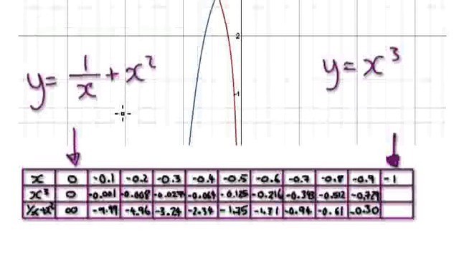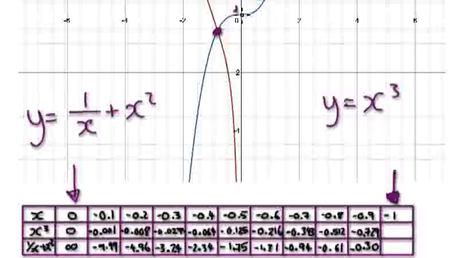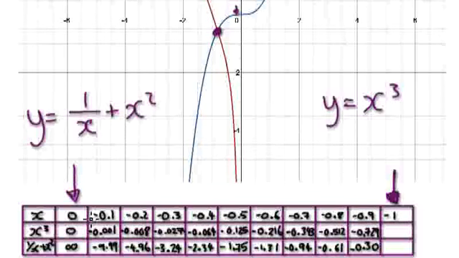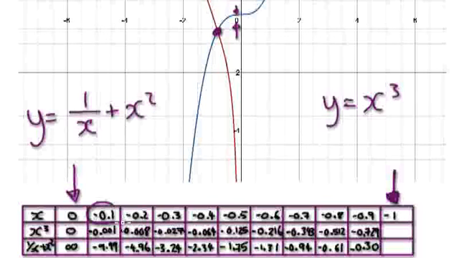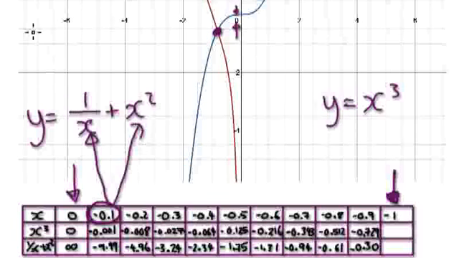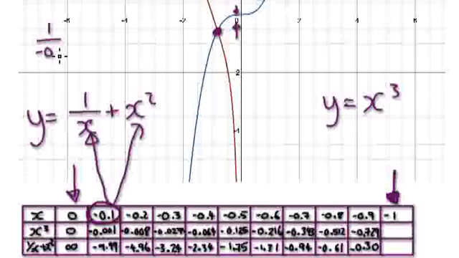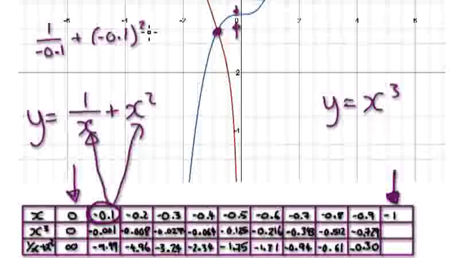We started with x equals minus 0.1, so we would put negative 0.1 into here, and negative 0.1 into here. In effect, it would be 1 over negative 0.1 plus negative 0.1 squared.